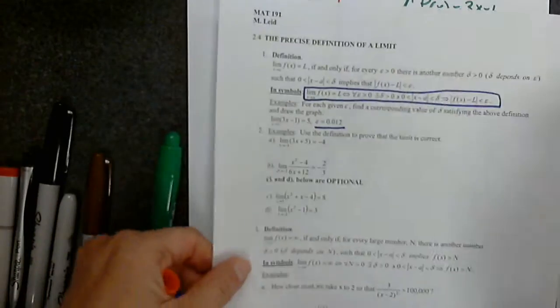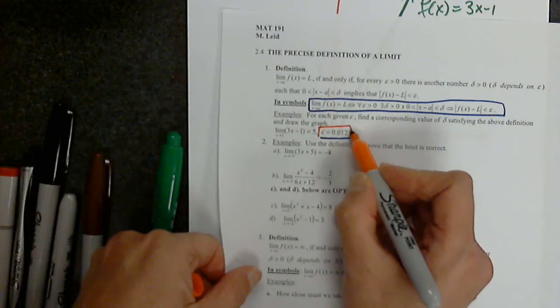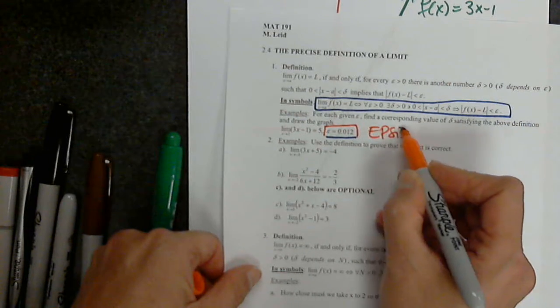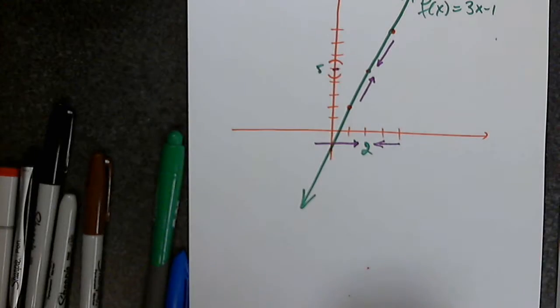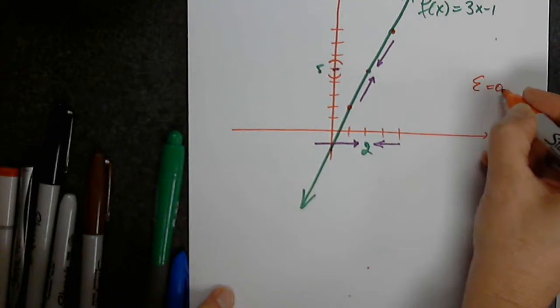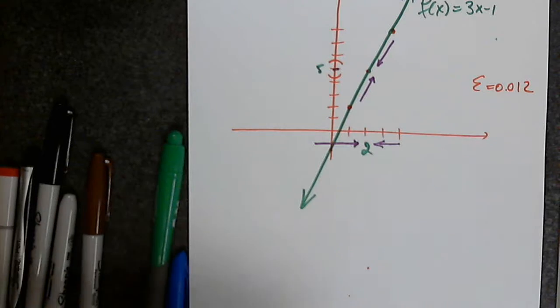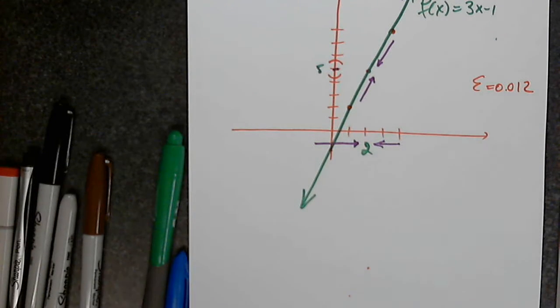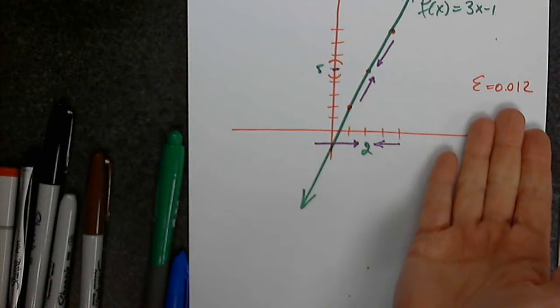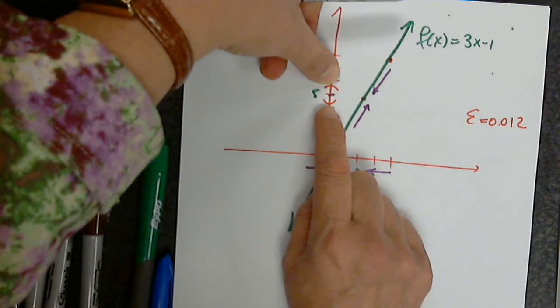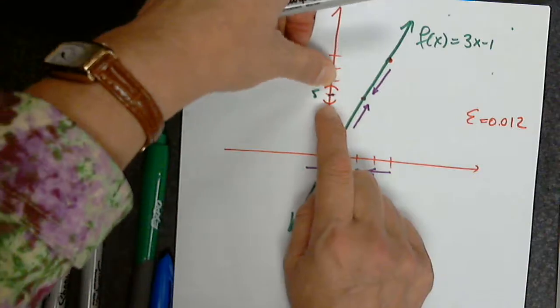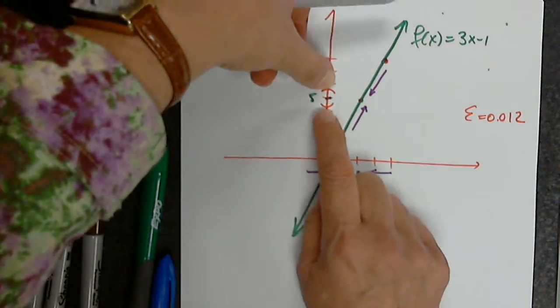I am given here this so-called epsilon. Epsilon is 0.012. So I am going to choose the given epsilon and create a symmetric interval around 5. Okay, a symmetric interval around 5.